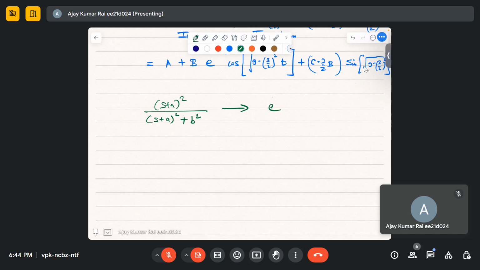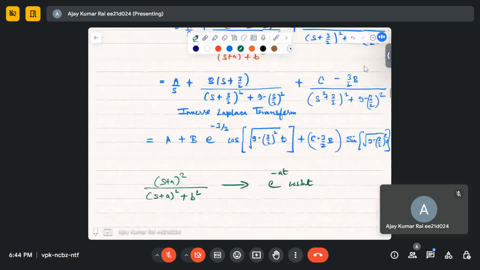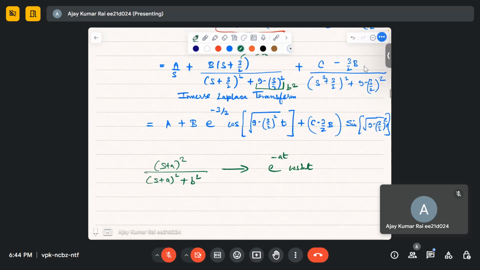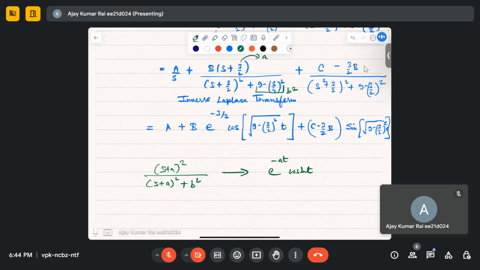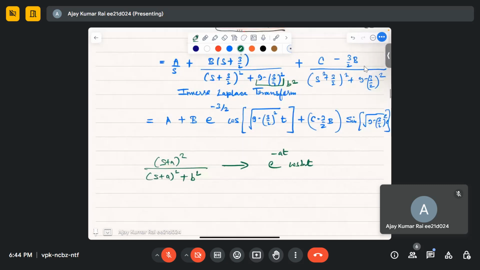You know it is e to the power minus a t into cos of bt, right? So that's what I have done. So this is like b square, and a is 3/2. Just compare with this. And b is under root of 9 minus (3/2) square.